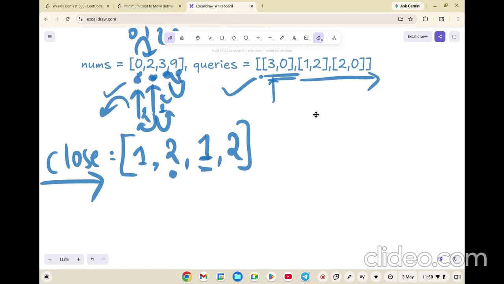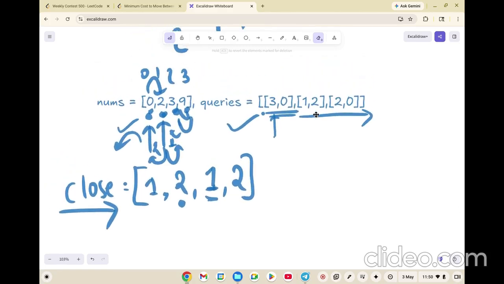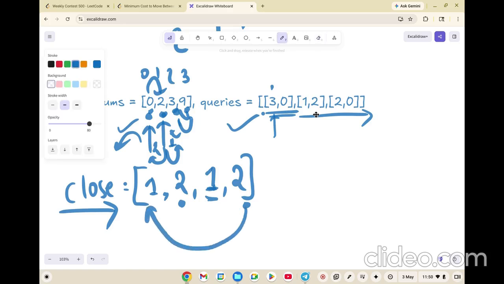Do that, take rupees 1, and then this position throws you back to this position, so you won't be taking that route. You will say, okay, let me go directly to index 0, which will take a cost of absolute value of 0 minus 2, which will be plus 2, right? So you can come to this index with a cost of rupees 2, right?